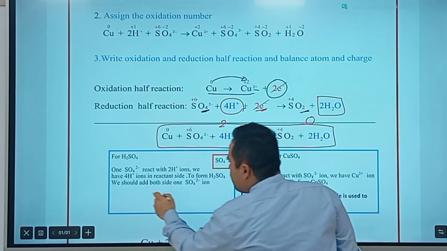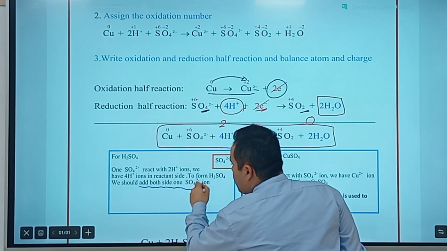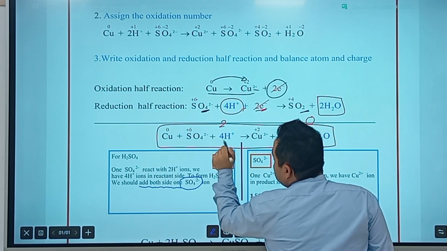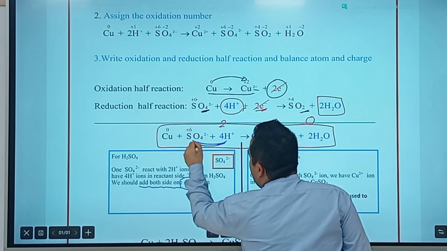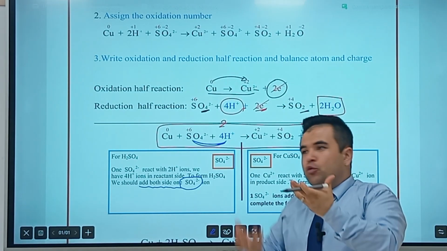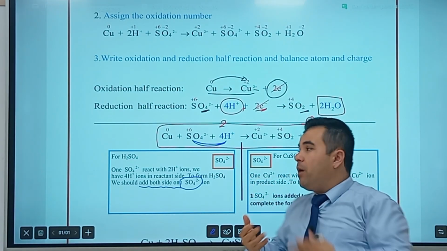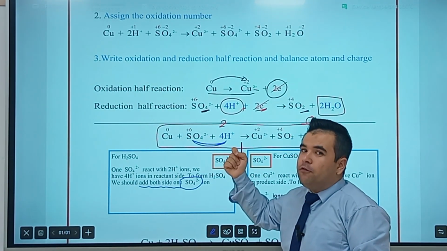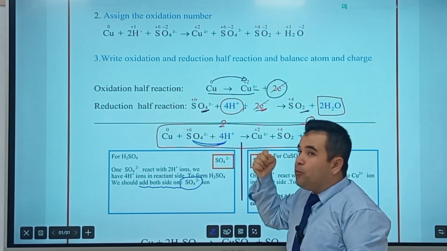To form H2SO4, we add the sulfate ion to both sides. Guys, as I told you, whenever 2 ions combine, try to increase the lower amount to become equal to the higher amount. To form one H2SO4, we need 2 protons and 1 sulfate. Here we have 1 sulfate with 2 protons.